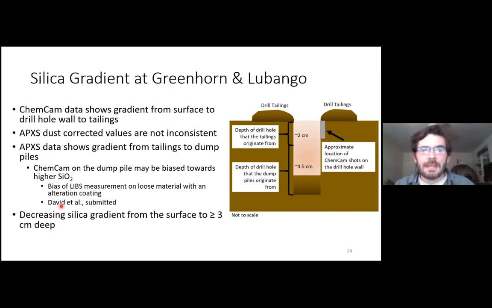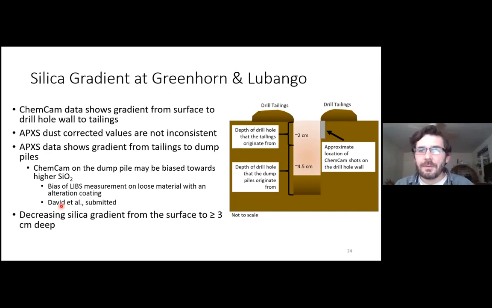And then APXS data shows a gradient from tailings to the dump pile. And in the drill fines, there might actually be a bit of a bias towards higher silica in these drill fines, which could be part of the reason why the dump pile ended up having higher silica in the ChemCam data.